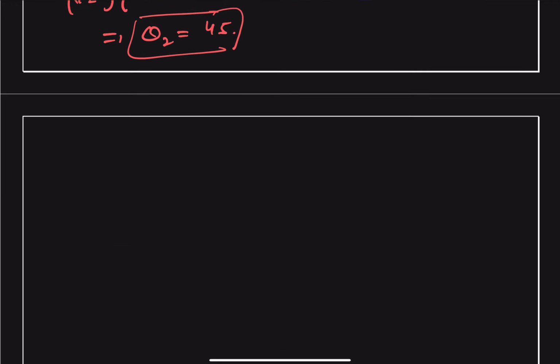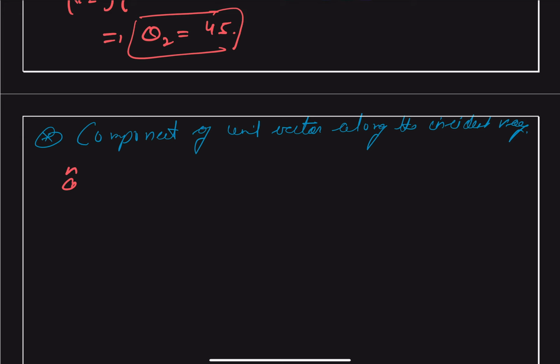Next we are going to find out the components of the unit vector along the incident ray. Suppose that unit vector is our A unit vector, and that will be equal to vector A divided by its magnitude.